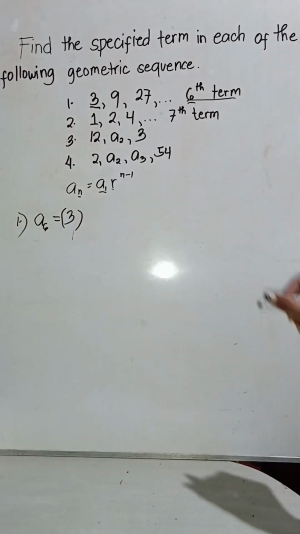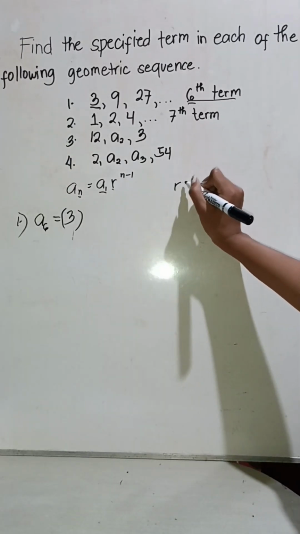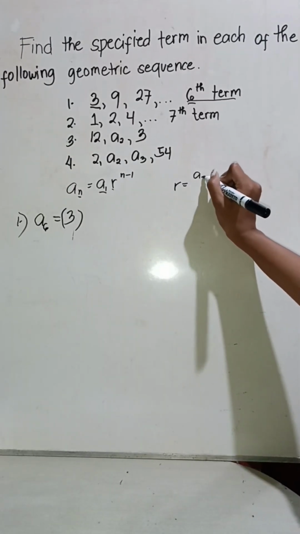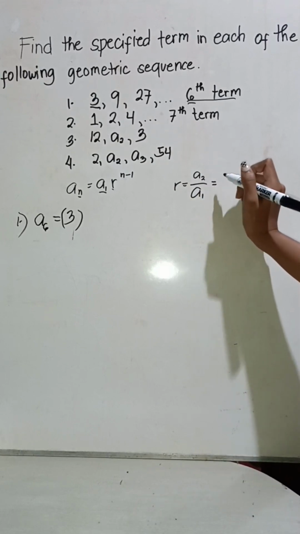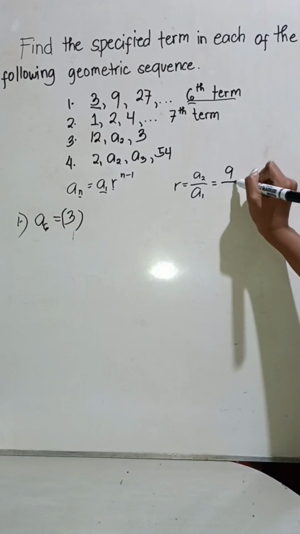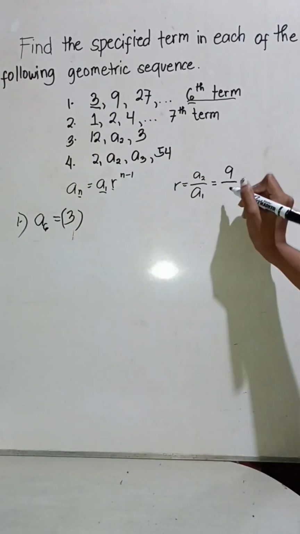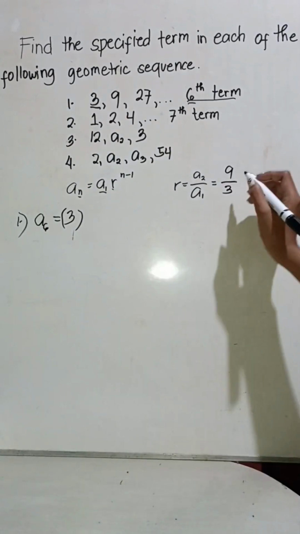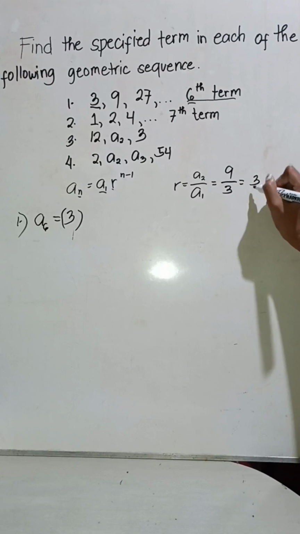In finding the common ratio r, we have r equals a sub 2 over a sub 1. Our a sub 2 is 9, because it is the second term, and a sub 1 is 3. So 9 divided by 3 is equal to 3.